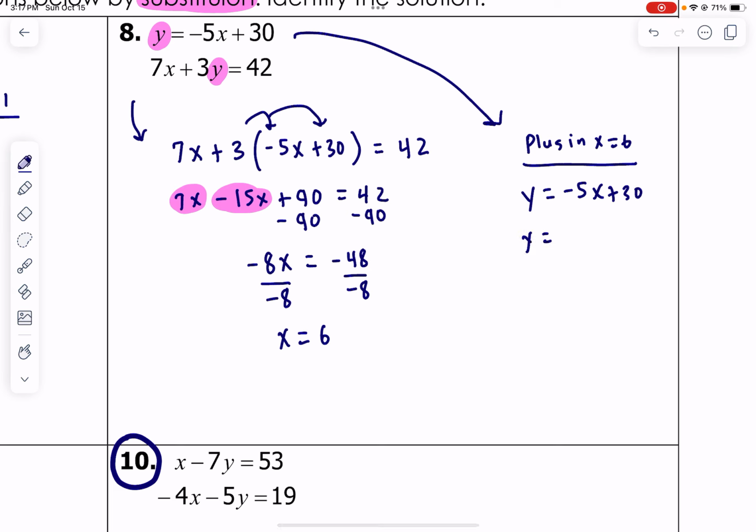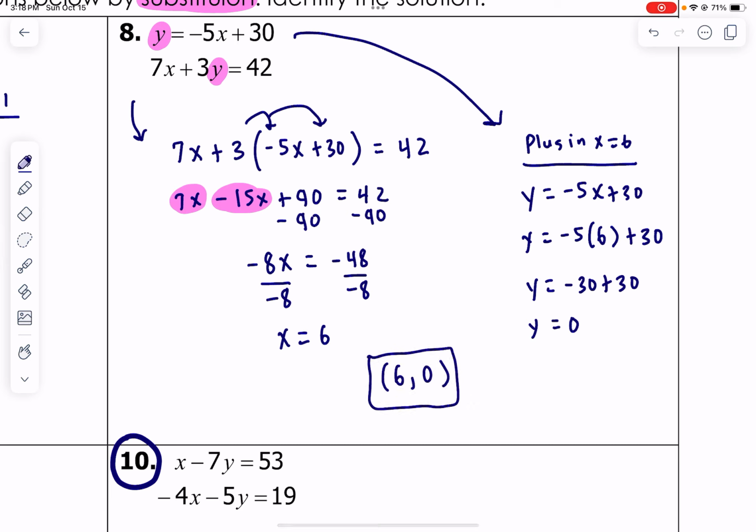Plug in the 6. -5 times 6 plus 30. You get that y equals -30 plus 30, which means that y equals 0. So your final answer will be the coordinate point 6, 0. And once again, here we have one solution.